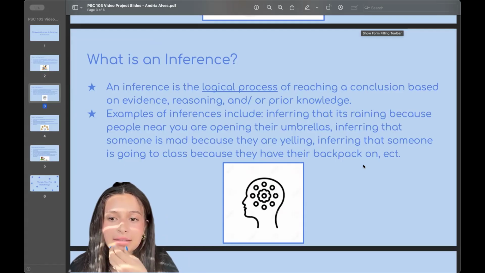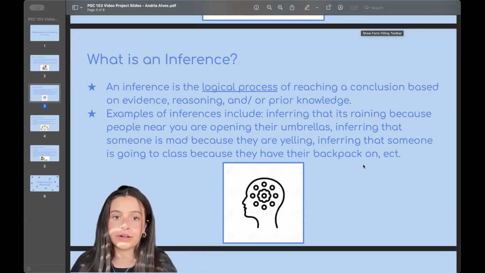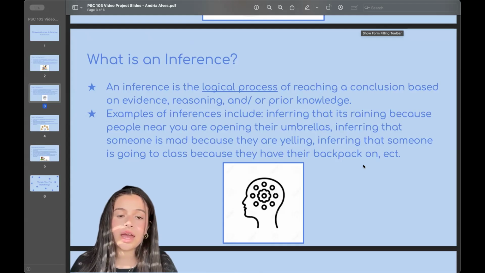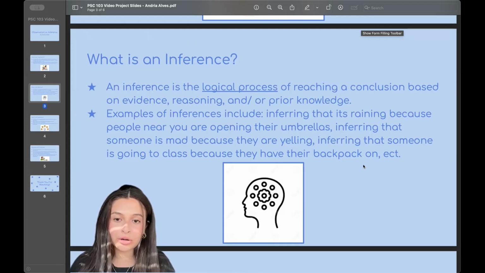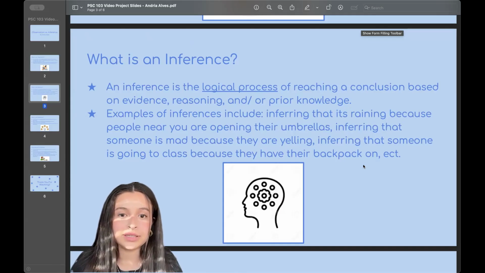Another example is inferring that someone is mad because they are yelling. You are hearing that somebody is yelling with your sense of hearing, obviously. And you know from your prior knowledge that yelling often means that somebody is mad. So you come to your inference that somebody is mad.